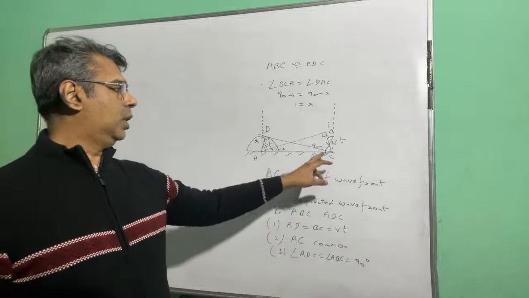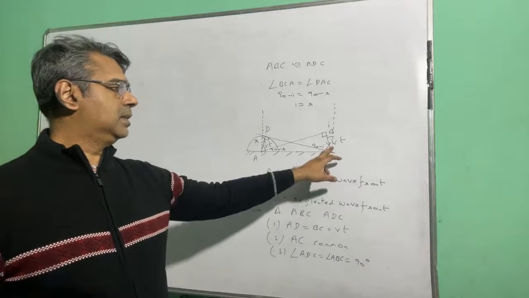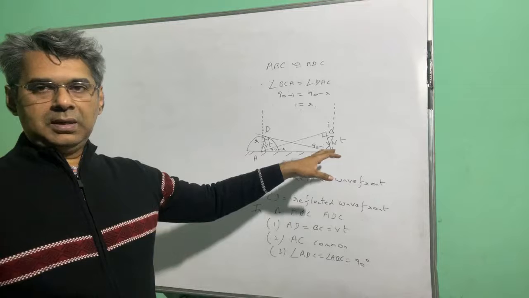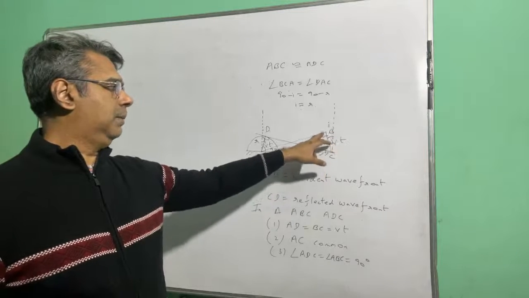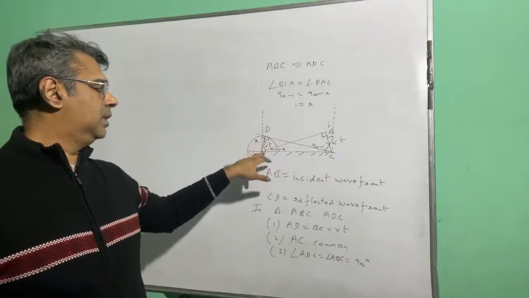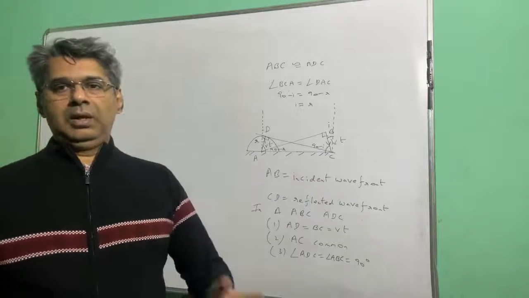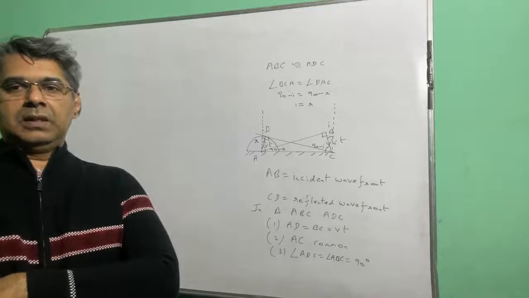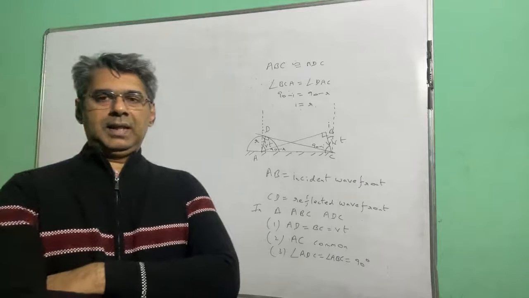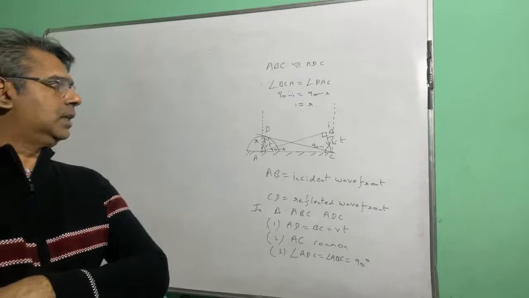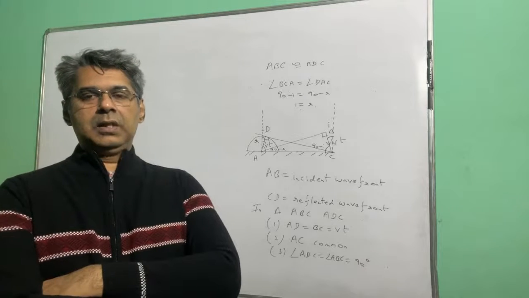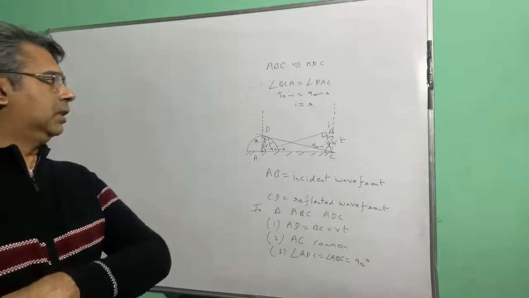Also, each of the two normals is in the same plane as the corresponding ray. So the incident ray, reflected ray and normal all lie on the same plane. That is the proof of the second law of reflection. So you can see how Huygens principle has helped us prove both laws of reflection.